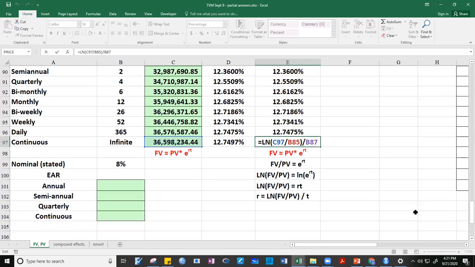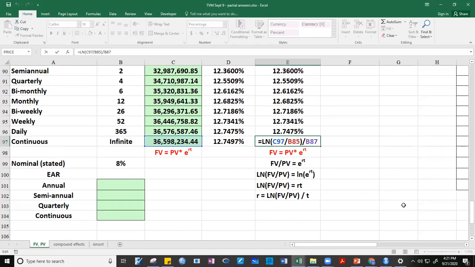Wait. Sa question, paano siya magiging pwede maging infinite kung may number of years lang? Ano? So dapat e to the rt, kasi dito ginamit natin siya, e to the r times t.